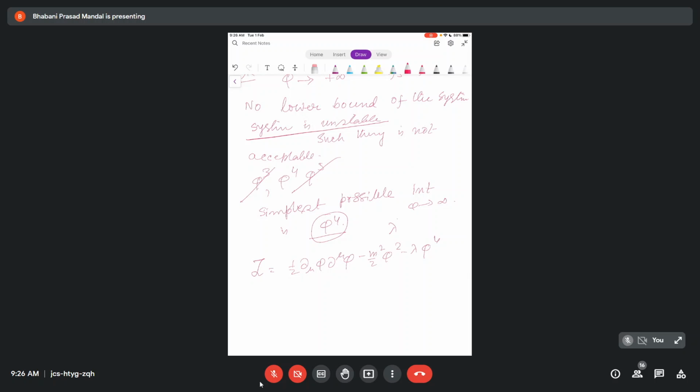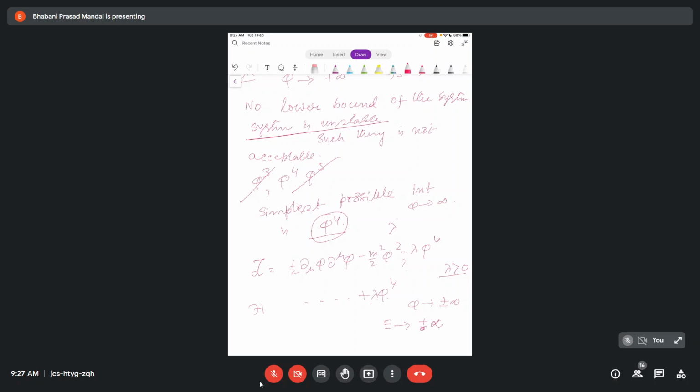In this situation, I'll write lambda greater than 0. This we are choosing. If we want lambda less than 0, then we put this term as negative, so the sign of this term is in our hands. Now in your Hamiltonian it will be plus lambda phi to the power 4, apart from all the other terms, with lambda greater than 0. So with phi going to plus or minus infinity, your energy or energy density will go to plus infinity only.